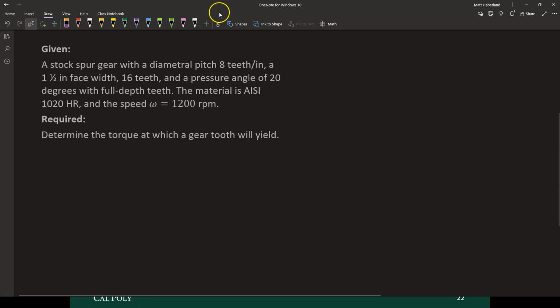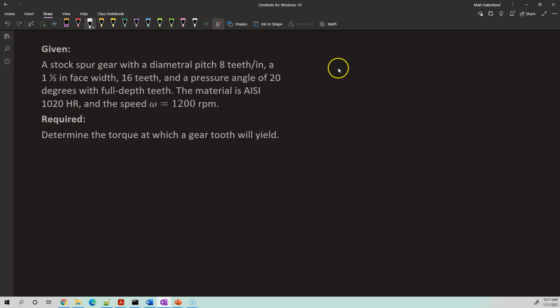I've got the problem copied up here. And so the first thing we'll want to do is remind ourselves that the equation we're trying to solve here is the torque at which a gear tooth will yield. Well, we're going to need to take the Lewis equation into account. We've got kV times W_T, the tangential component of the force, times P divided by Fy.